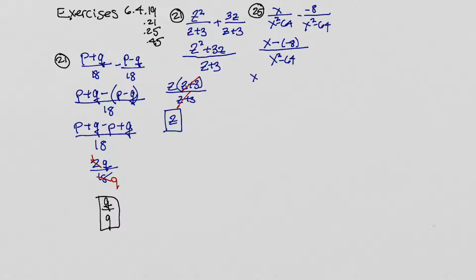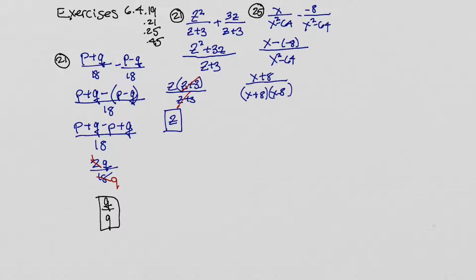So this is going to give us x plus 8 over, now let's go ahead and factor this denominator. It's like calling out to us: difference of two squares, factor as conjugates. x and x, 8 and 8, one's plus, one's minus.